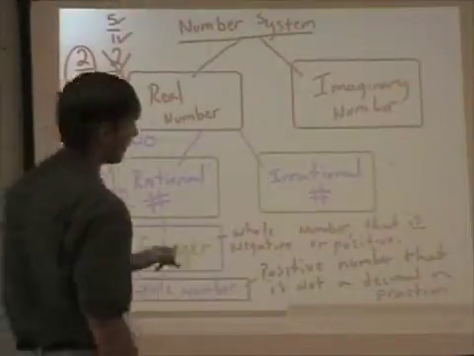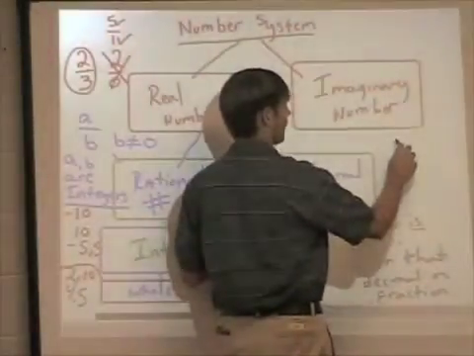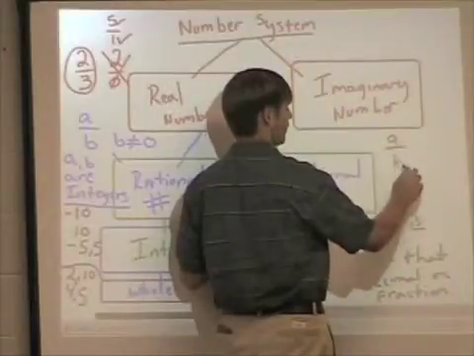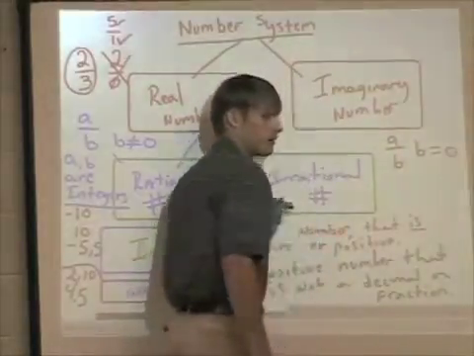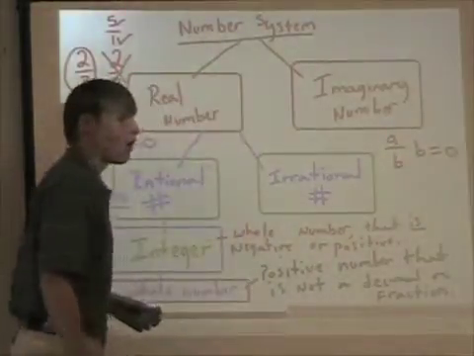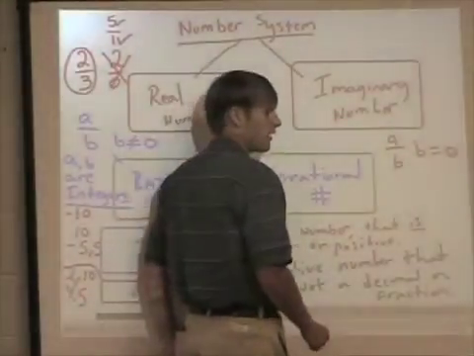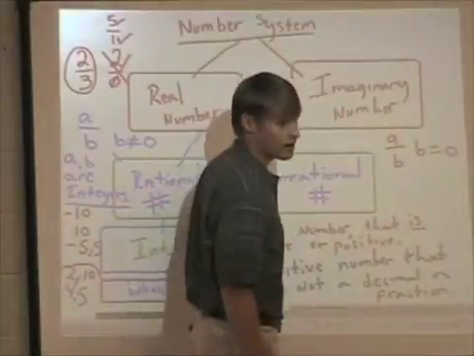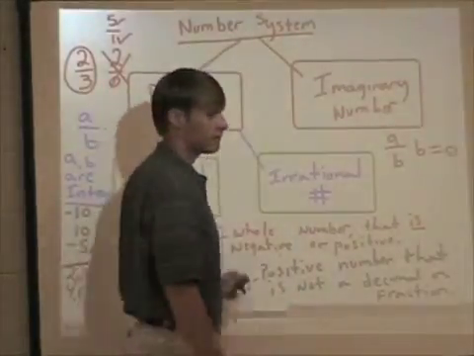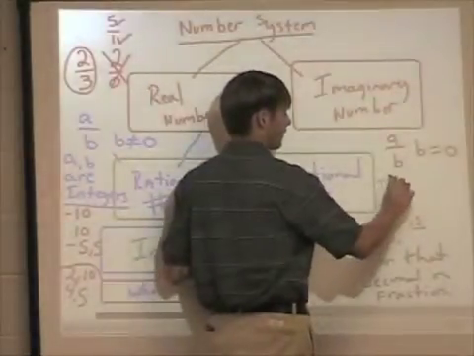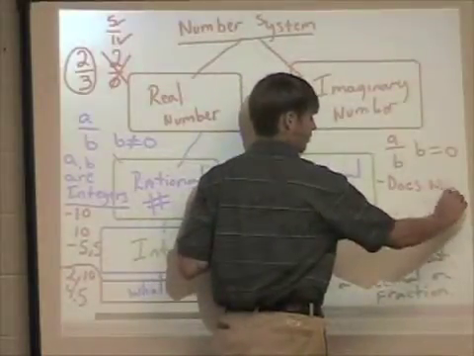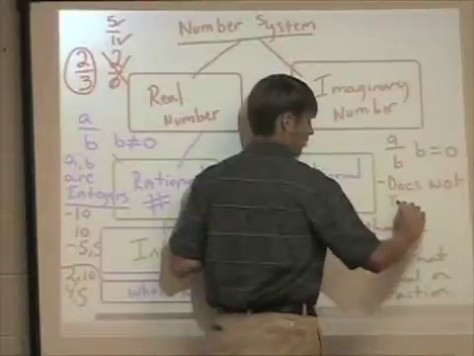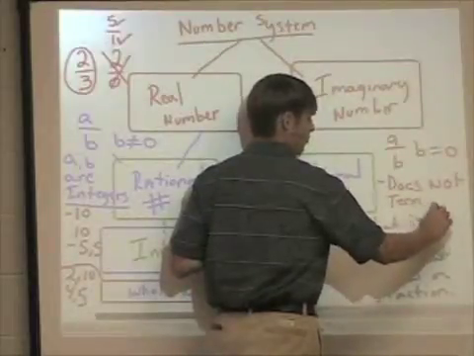Now, the definition of an irrational number is the number A over B, where B does equal 0. Okay? Or it's a decimal that does not terminate or repeat.